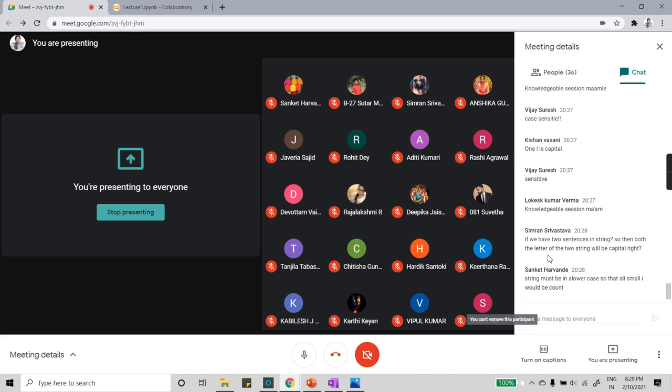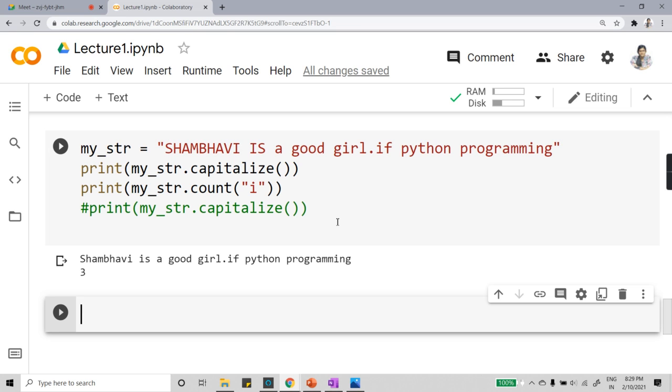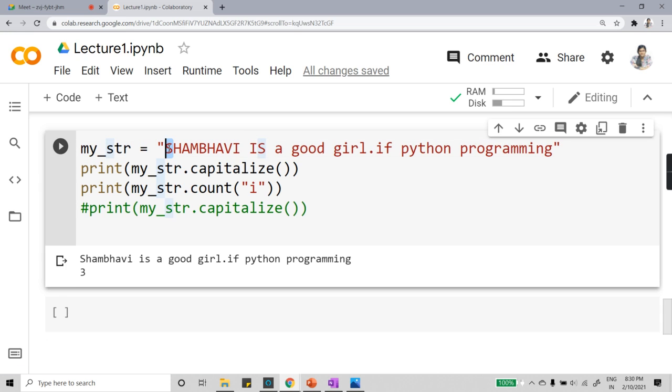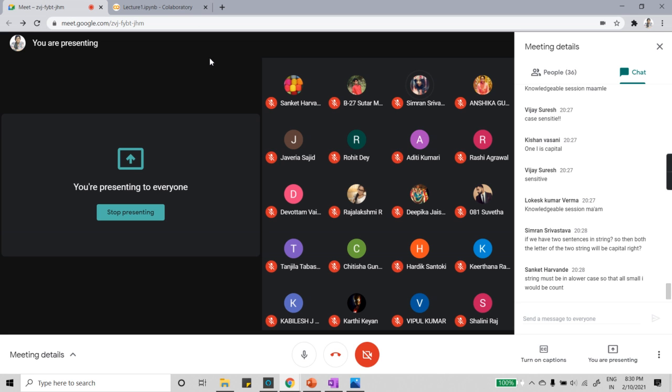I want to ask, if we have two sentences in one string, so S in the first word will be capital and i in 'if' will be capital, right? No. Only the very first letter of your string would be capital. Okay, Simran, question answered.